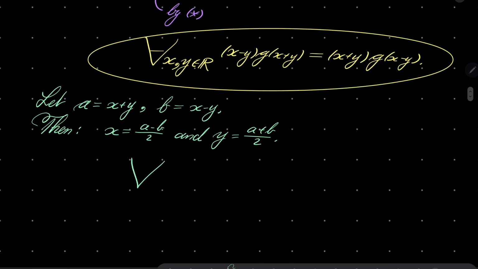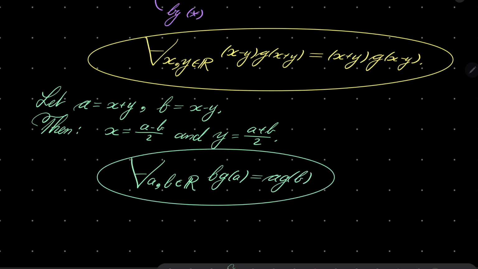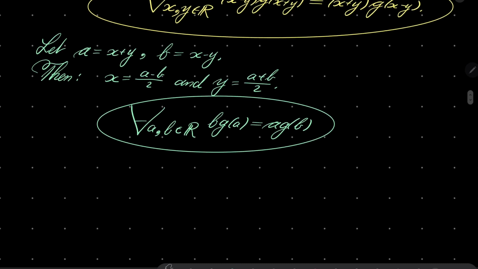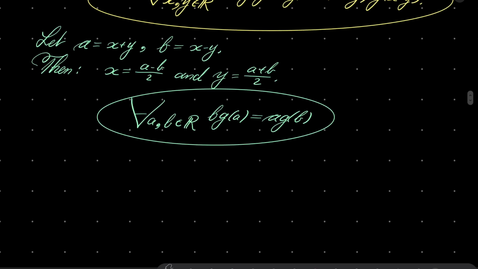That means that for every two real numbers a and b, b times g of a equals a times g of b. Which is very nice because now we can set b to be 1.